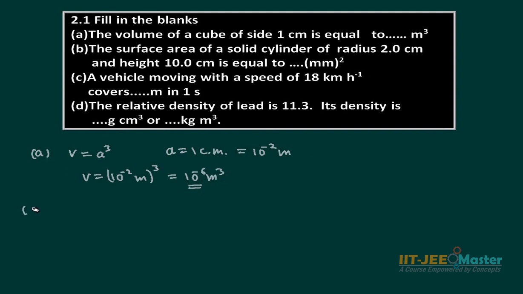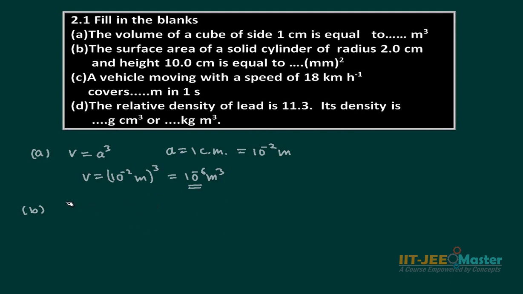Let us see the next problem. The surface area of a solid cylinder of radius 2.0 and height 10.0 centimeter is equal to blank millimeter square. The answer must be given in millimeter square. Let us first find the surface area with appropriate significant digits.